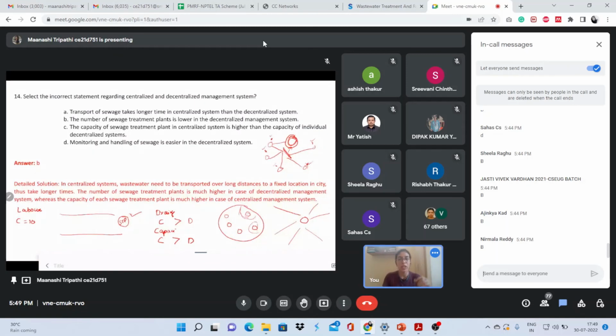But for 5 different decentralized plants, even if the number of labor is half, 5, there are 5 plants. Total labor requirement is 25. So when we come towards labor, decentralized is costly. When we talk about drainage network, centralized is costly. Capacity, centralized is costly.